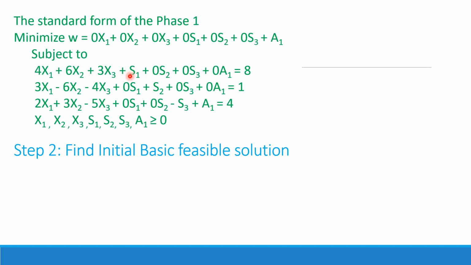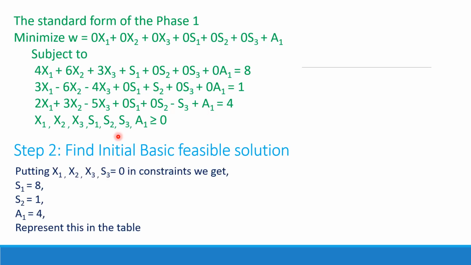To get the values of A1, S1 and S2, I have to put x1, x2, x3 equal to 0, and also S3 equal to 0, in the above constraints.